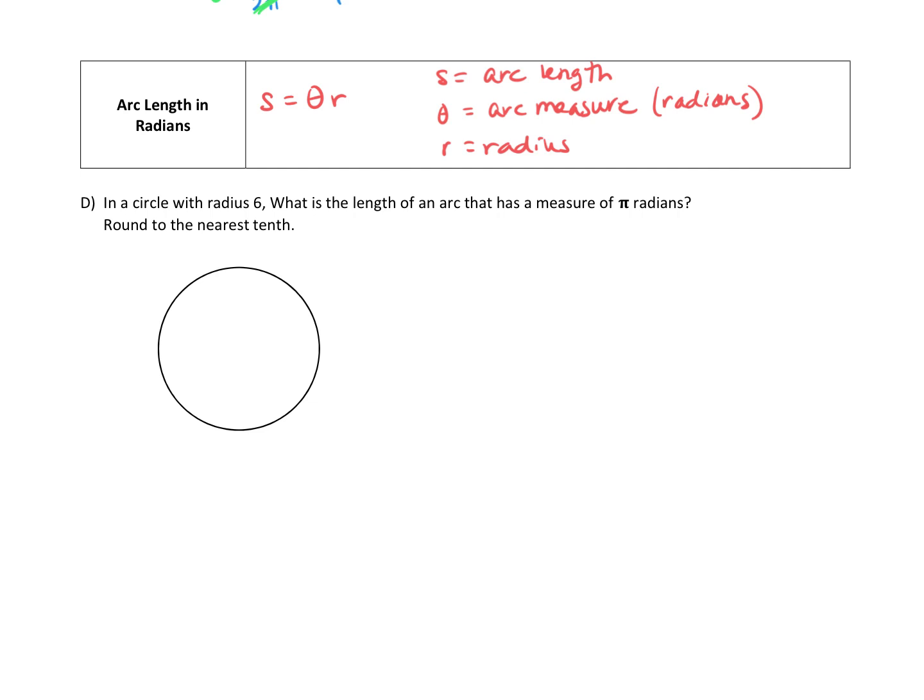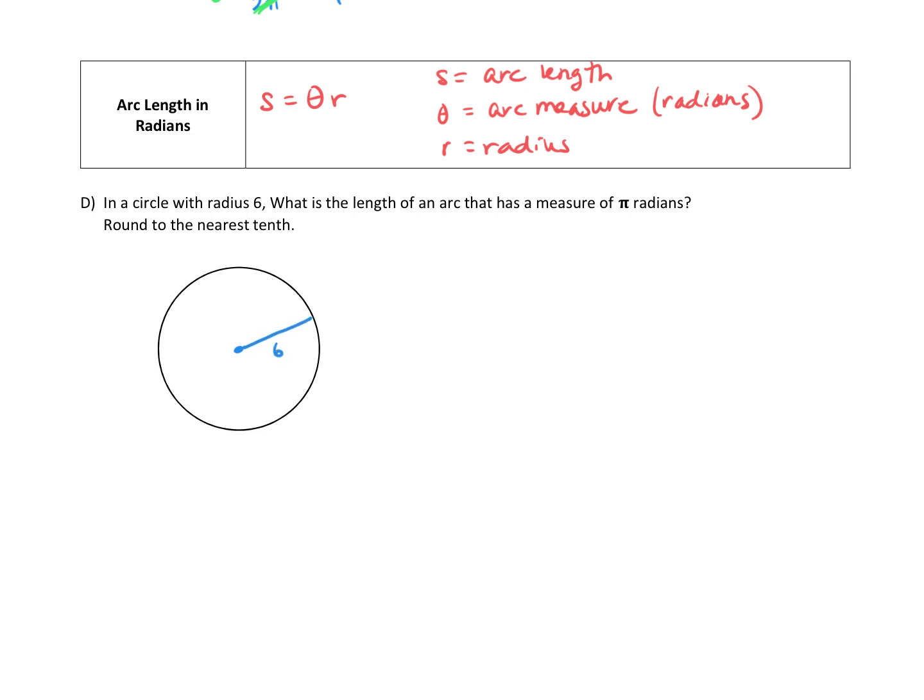In a circle with radius 6, what is the length of an arc that has a measure of pi radians? Round to the nearest tenth. So right here, I know we're working in radians versus degrees. All right, so let's go ahead and draw that in. We have a circle with a radius of 6.